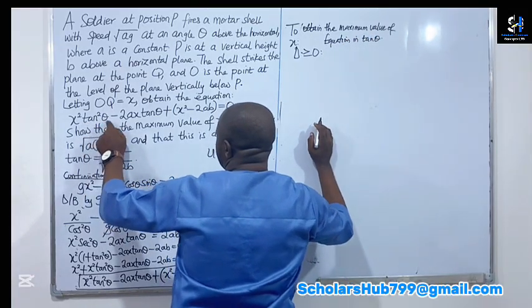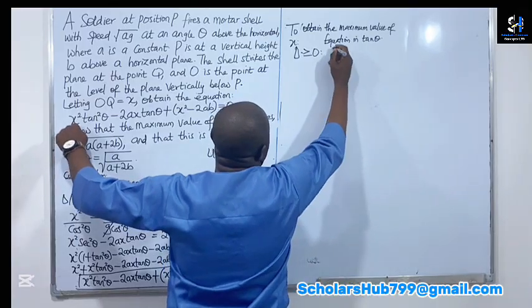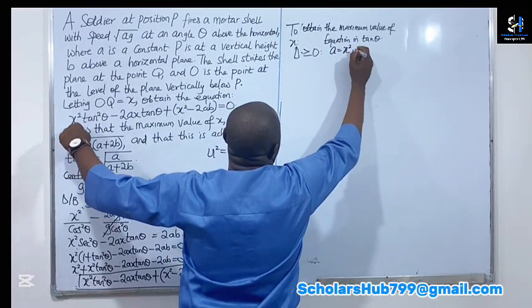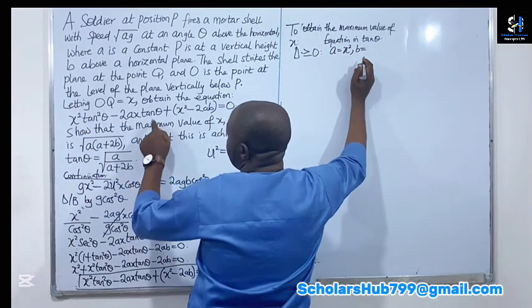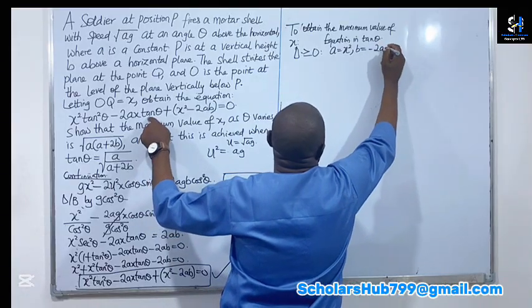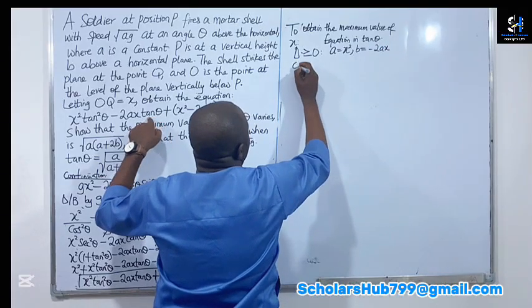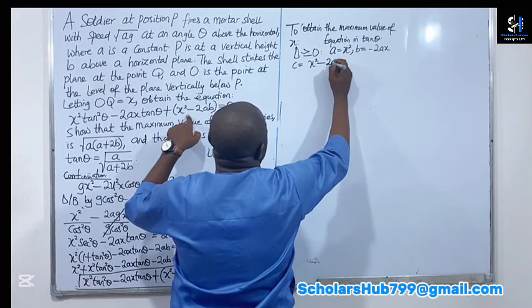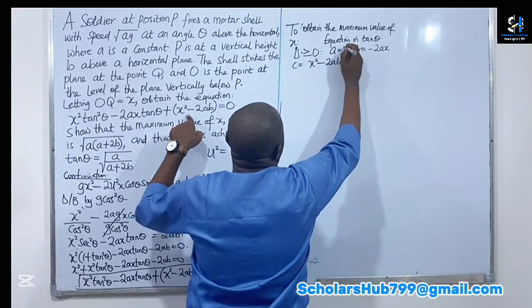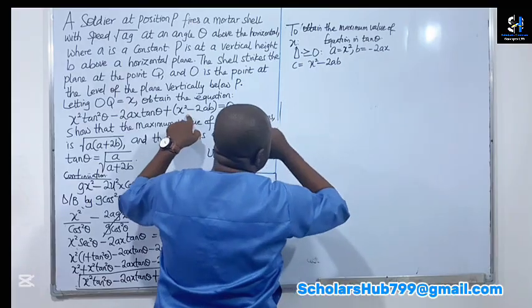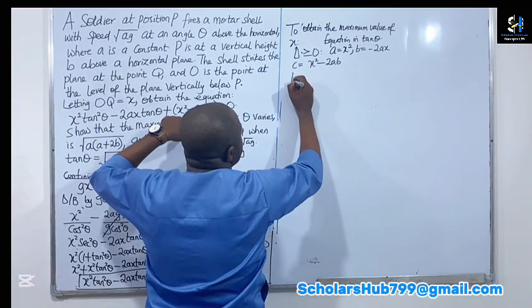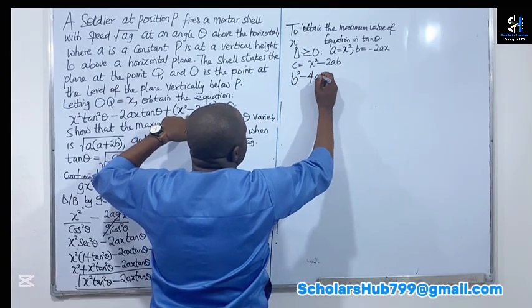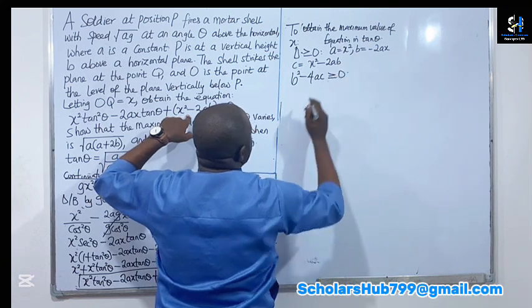So A equals x squared, B equals minus 2ax, and C will be equal to x squared minus 2ab. We are using b squared minus 4ac greater than or equal to 0.